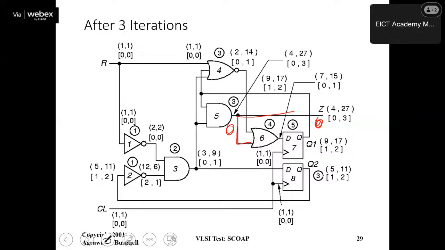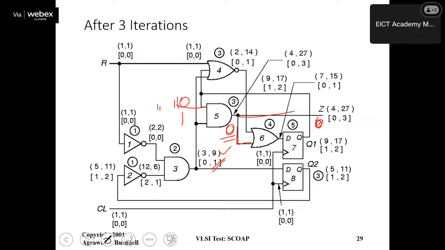If the observability of this is 0, can I calculate for this? Yes. I have to take CC1 of this plus CO plus 1, so the observability of this branch becomes 10. Since it was 1 and level change doesn't really matter, this becomes 1. You got my point?